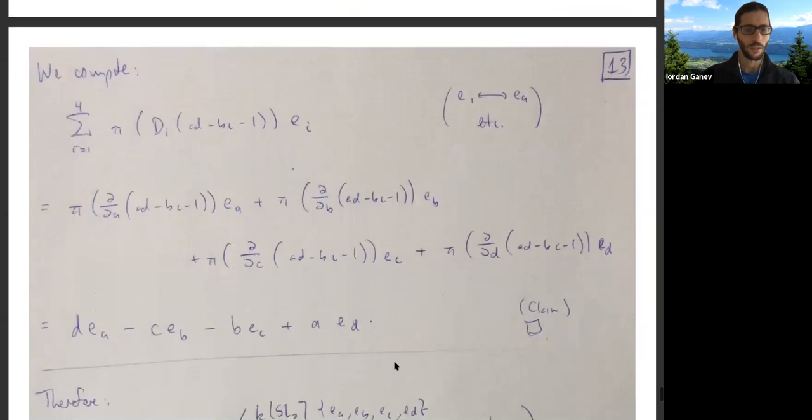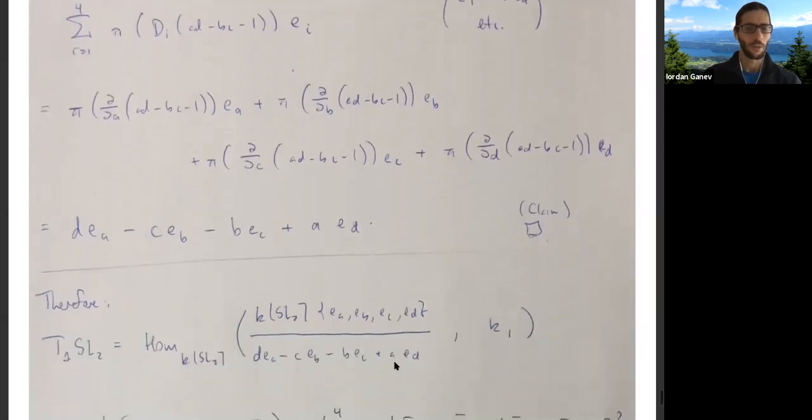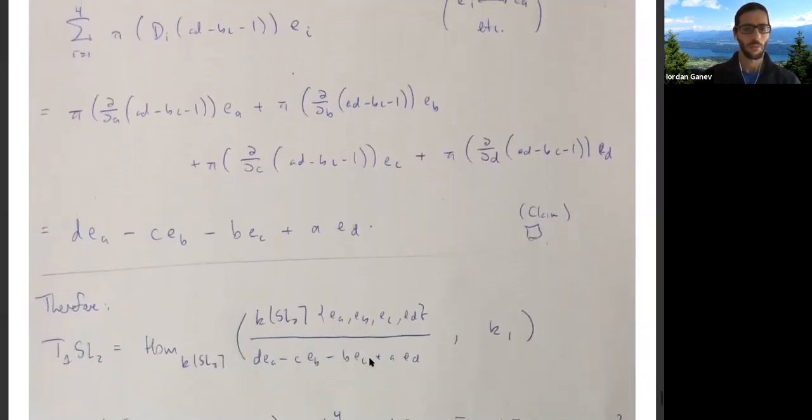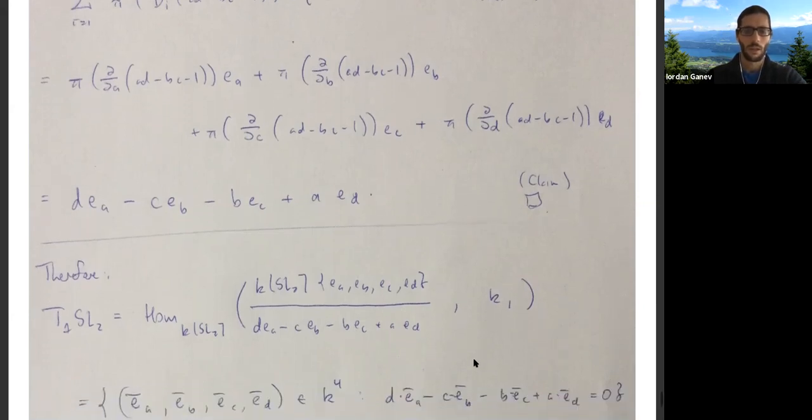So finally, we can compute what the tangent space is. We need to compute the Homs from the Kähler differentials to K1, which was what we just convinced ourselves of. So what is that going to be?